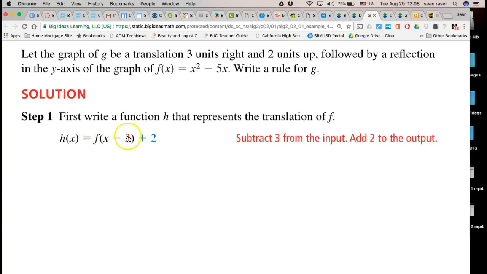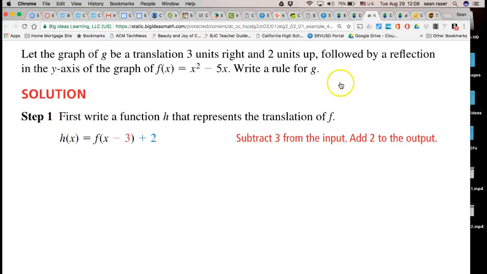That means we're subtracting 3 from our input, because remember, with horizontal translations, you take the opposite sign. So 3 units to the right is actually minus 3 from the input, and 2 units up means you're adding 2 to the output, or the entire function. So this is going to be our first change.